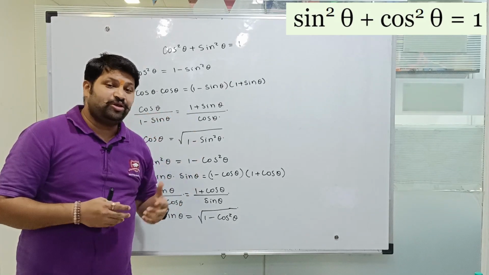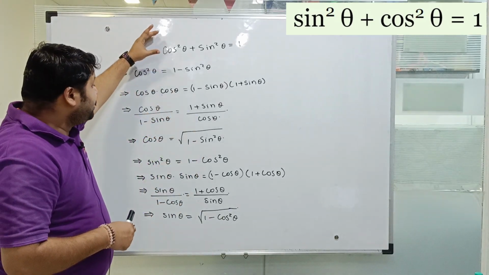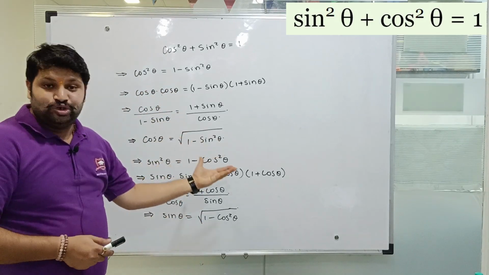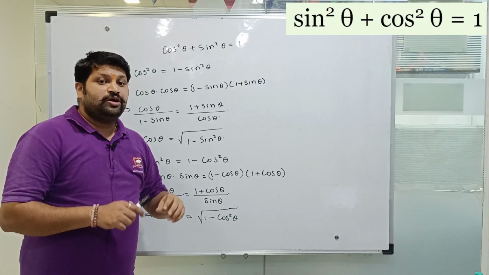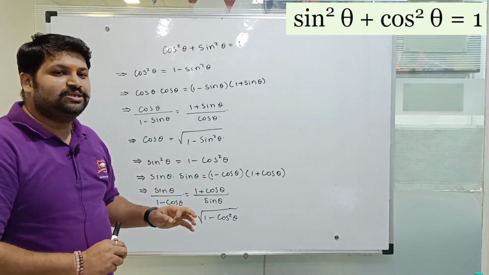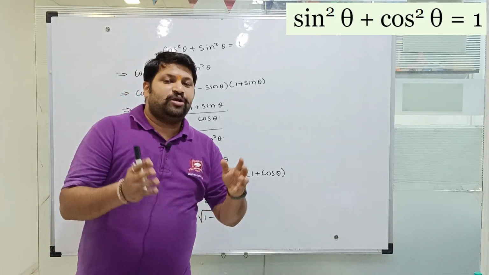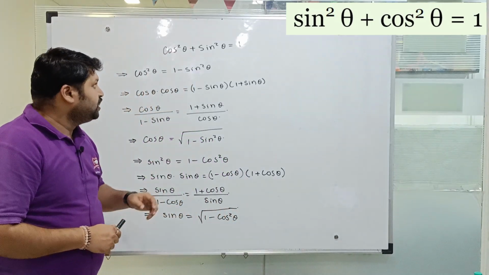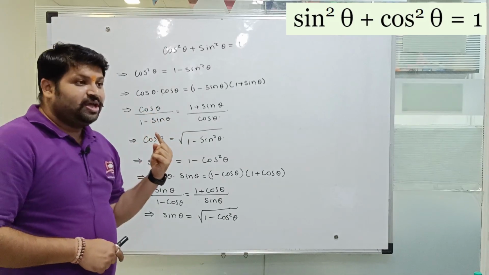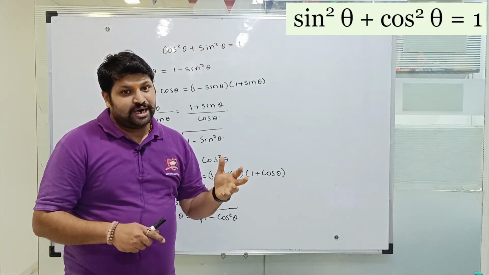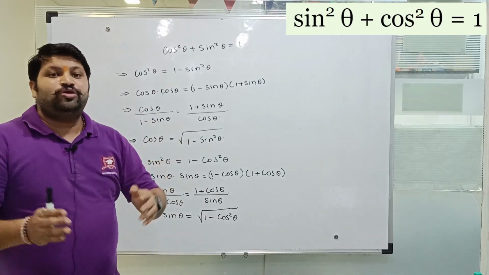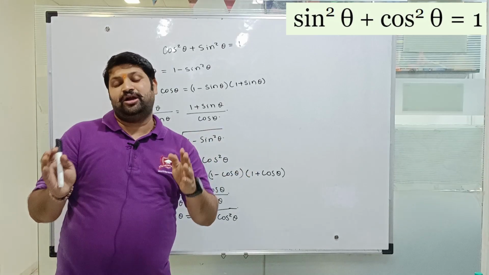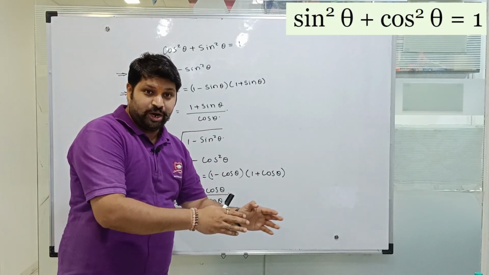If you keep in your mind that this identity can be manipulated in these manners, and then we use it to solve the proving problems, you'd find it slightly easier to finalize which identity to use. There is one more thing which is very essential to understand. If there is a proof and it has sin square theta and cos square theta, then we can equate it to 1.